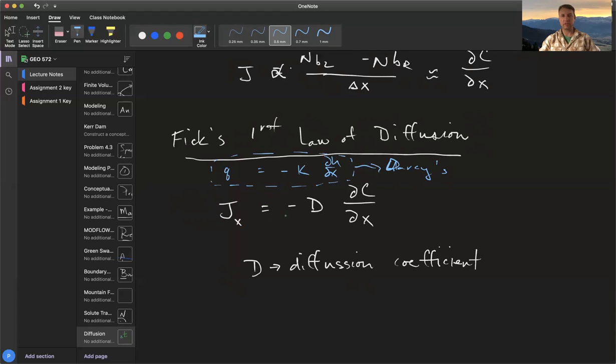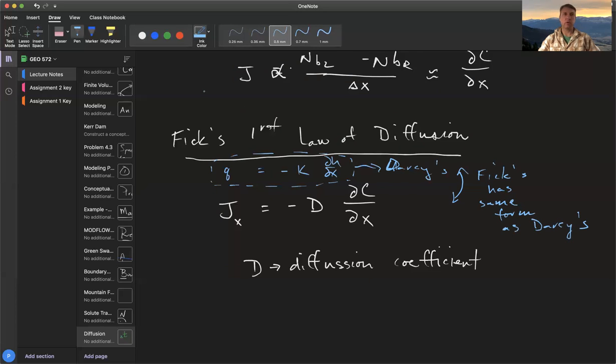The flux is equal to some constant of proportionality times the gradient. Here it's the head. In Fick's law, it's concentration. So Fick's has the same form as Darcy's.